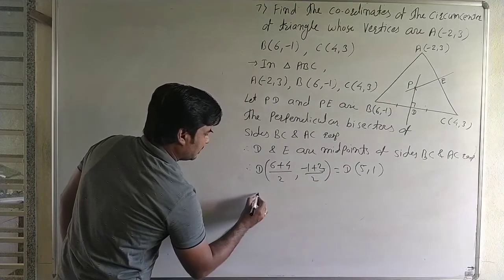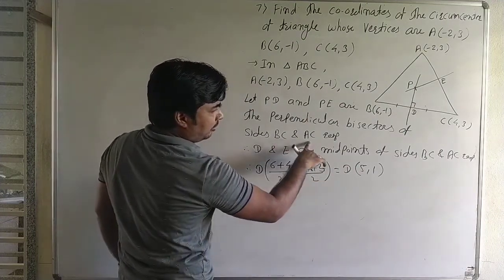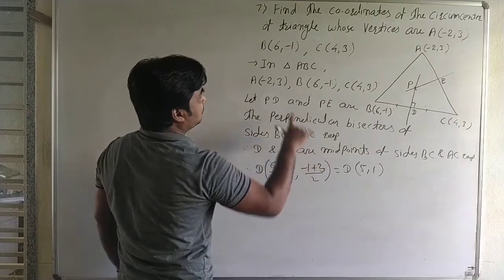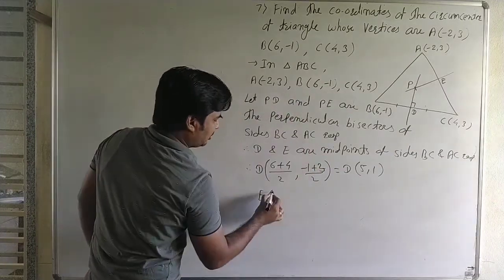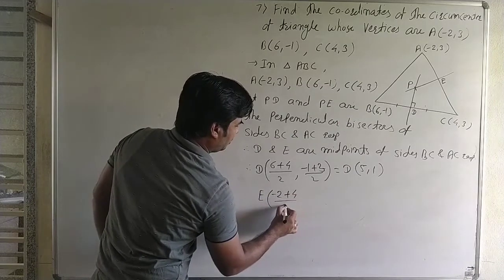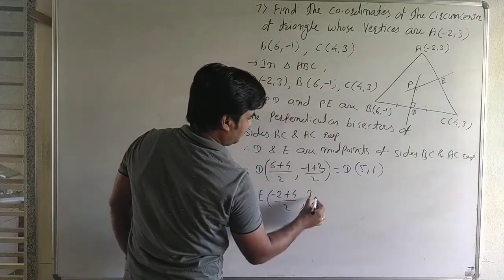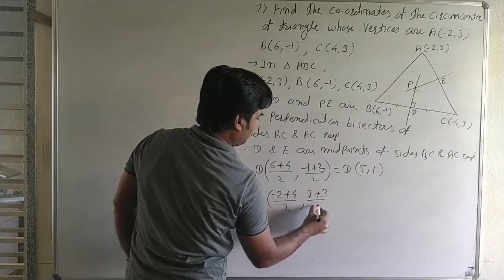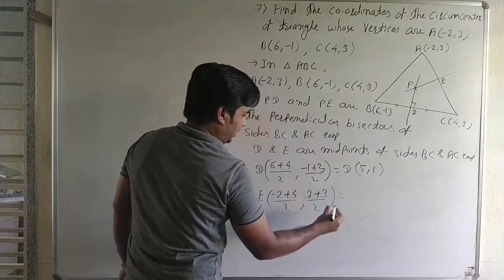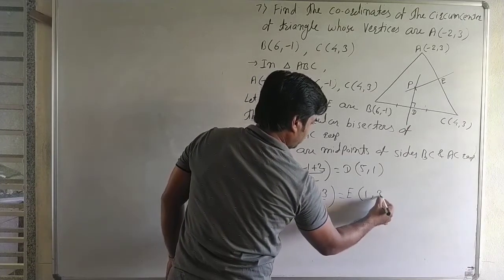Now E. E is the midpoint of side AC. It is x1 plus x2 upon 2, y1 plus y2 upon 2, and therefore you can write point E as 1, 3.